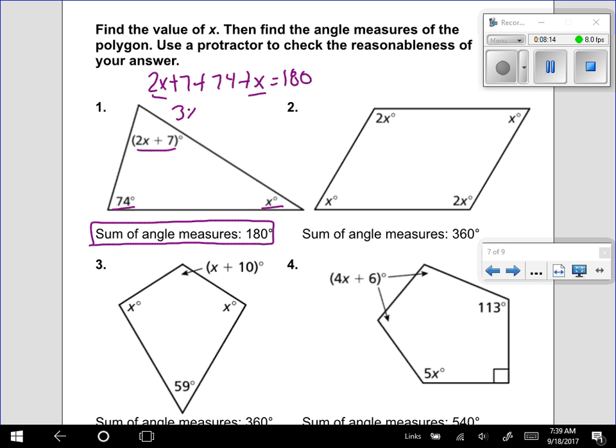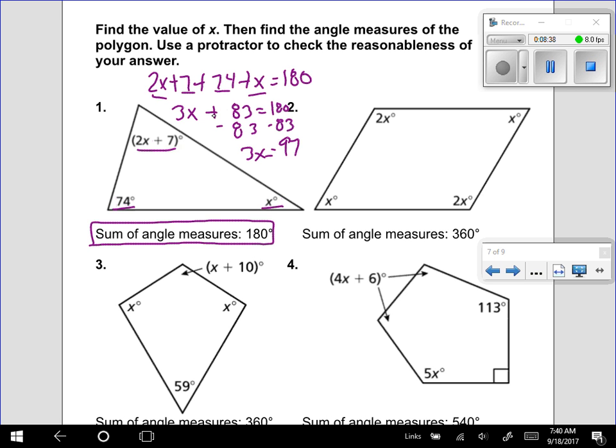So I have 3x, and 74 plus 7 would be 83, and that equals 180. From there, I'm going to subtract 83 from both sides. So I have 3x equals 180 minus 83, which is 97.